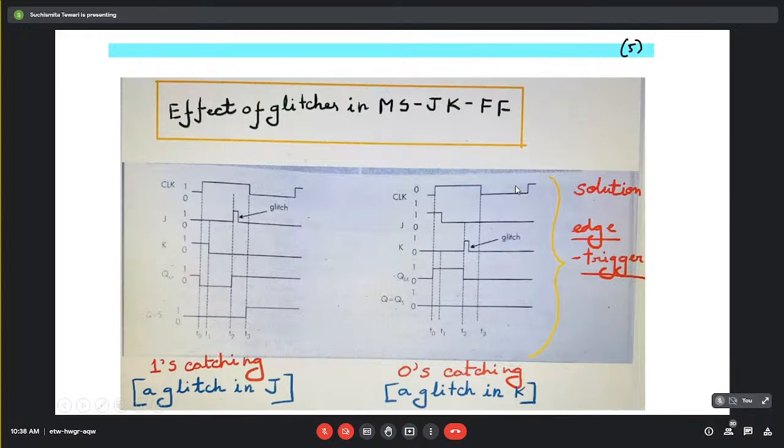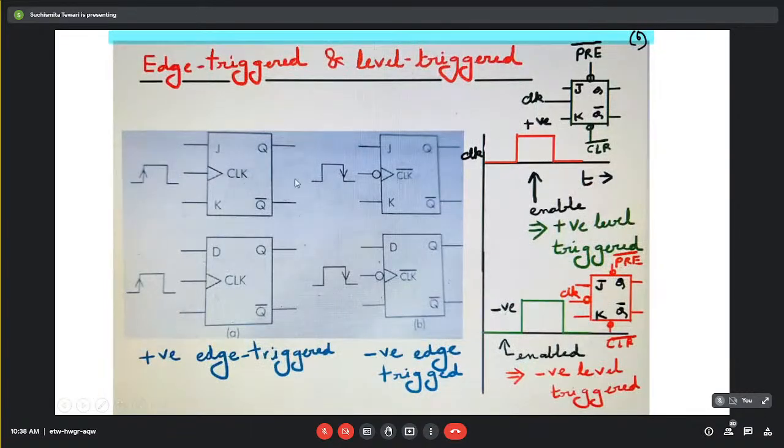But now, if we manage to restrict the influence part, that is the time through which it will influence the output, then we can say that we have achieved something.